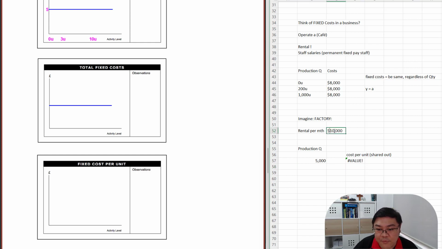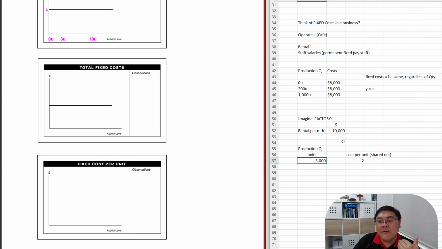I'm just going to remove the money sign because the Excel is having a problem. So you just use the value and divide by the number of units. By making 5,000 units, the share of the rental is about $2.